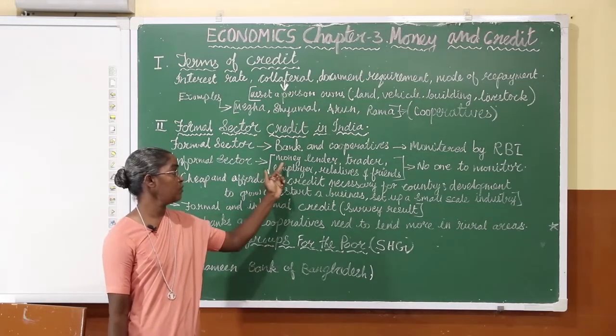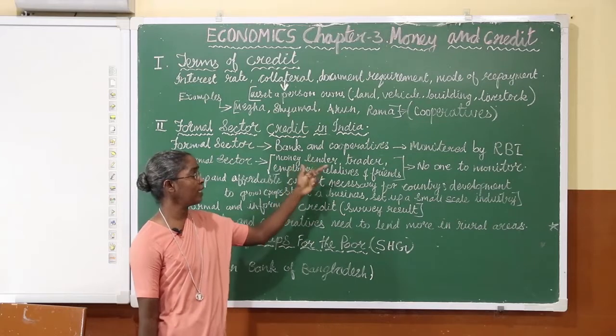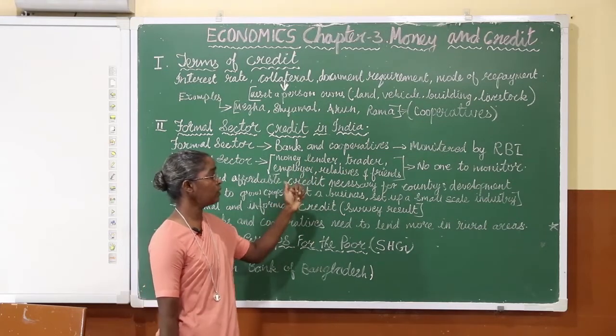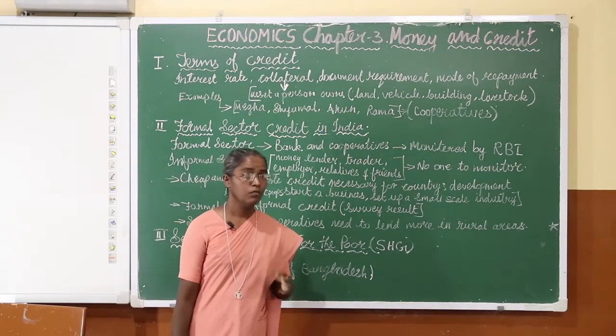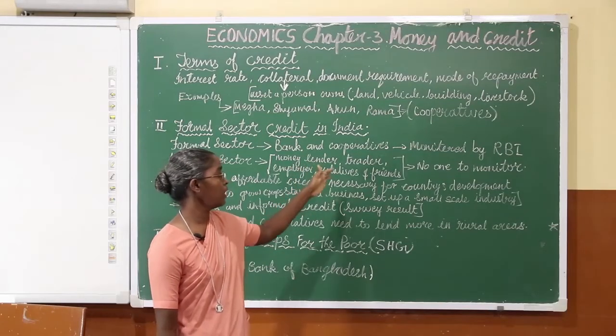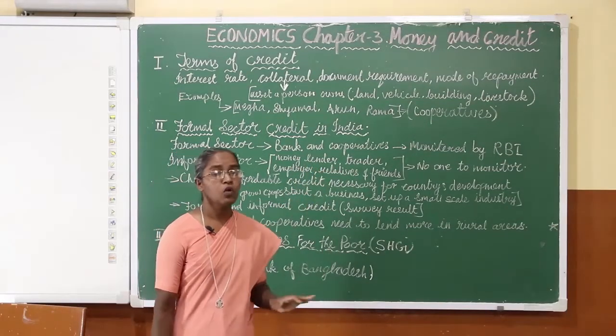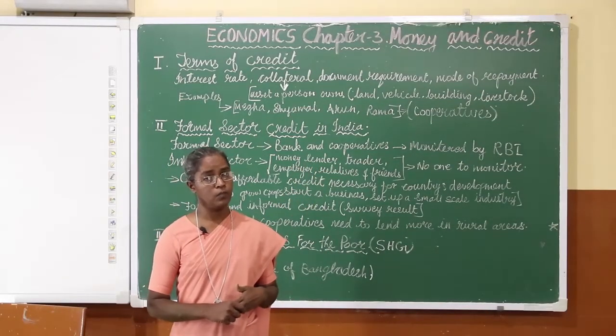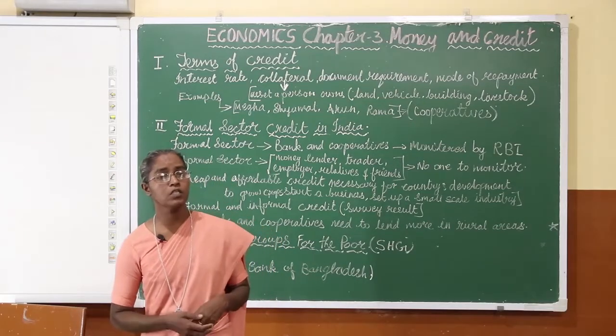When we speak about the informal sector, that is the moneylender, trader, employer, relatives or friends, from whomever you are taking. Now when we speak about moneylenders and others, it is not monitored by anyone. What will happen when it is not monitored by anyone?